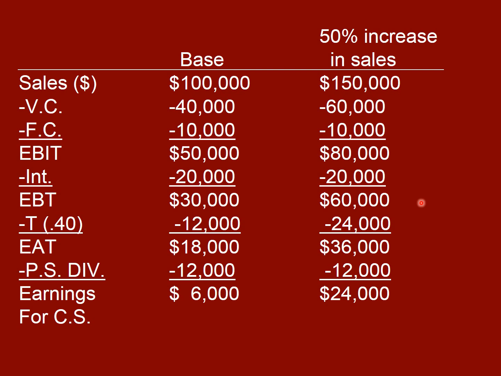Also notice that since it encompasses the entire income statement, we can look at the relationship between sales and EBIT, which is your degree of operating leverage, and the relationship between EBIT and earnings available to common shareholders, or earnings per share, and get our degree of financial leverage.